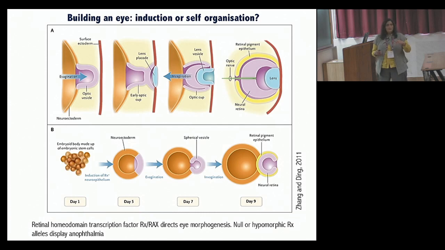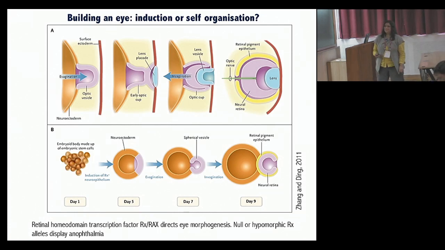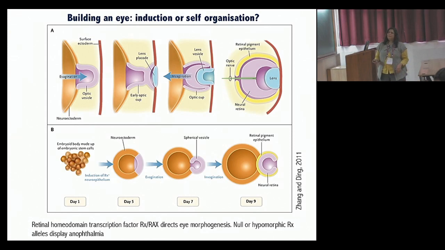So let's not get into whether this eye can see. That's not the purpose of this talk, but just to see what the level of complexity of pattern formation you can get in a dish is in the absence of all these surrounding tissues and influences that normally accompany development.